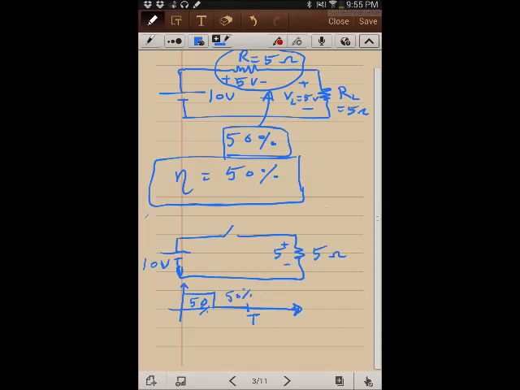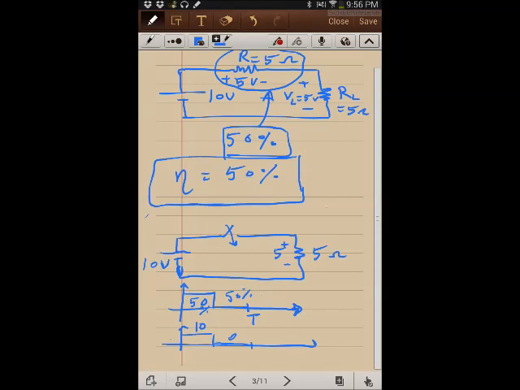So if we want to measure the voltage across the resistance, during the switch on, 10 volt will appear across the resistance, and when the switch opens, it's 0 volt across the resistance.